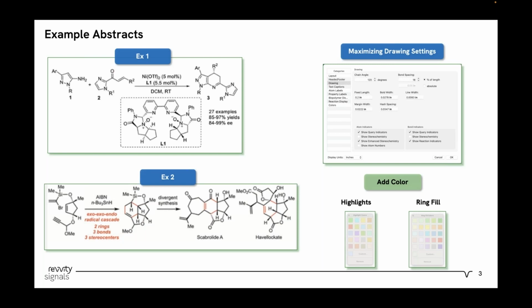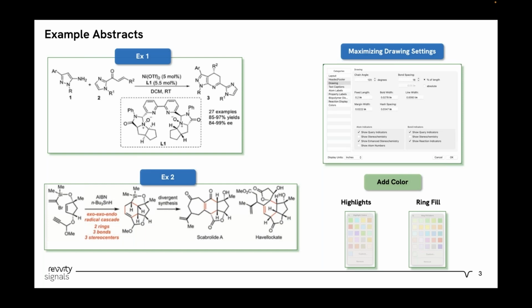Example one is a publication that came out of Organic Letters. Example two here on the screen is a nice little natural product synthesis, which came out of Angewandte. What we're going to be focusing on is how to set up your drawing settings to make it much easier to get your preferences exactly correct.